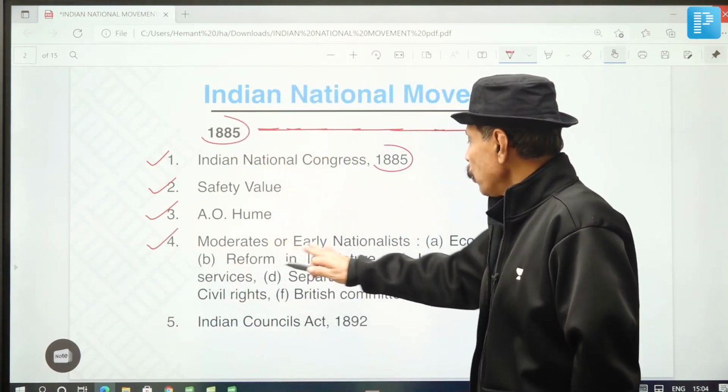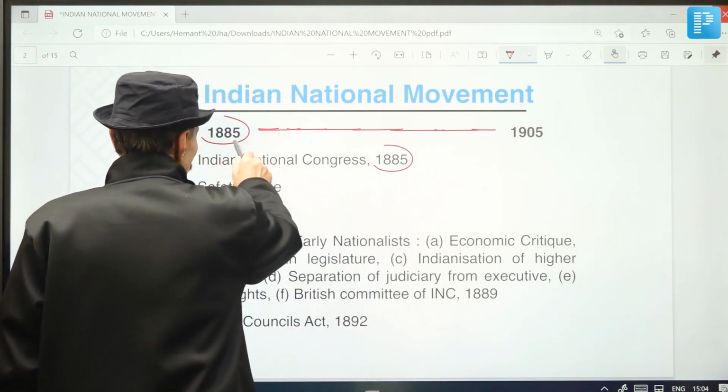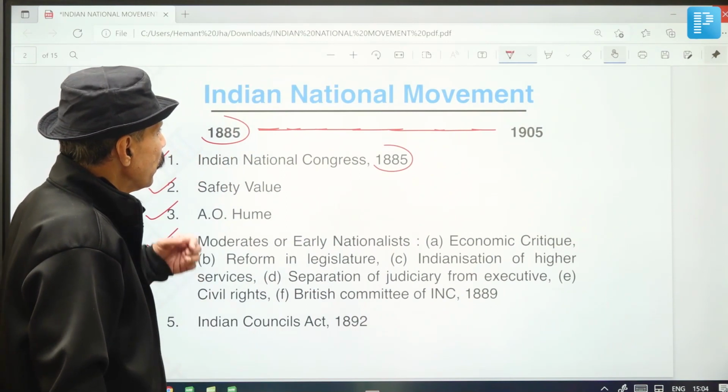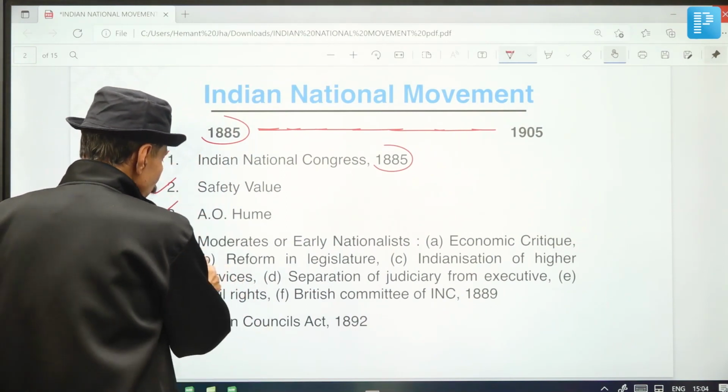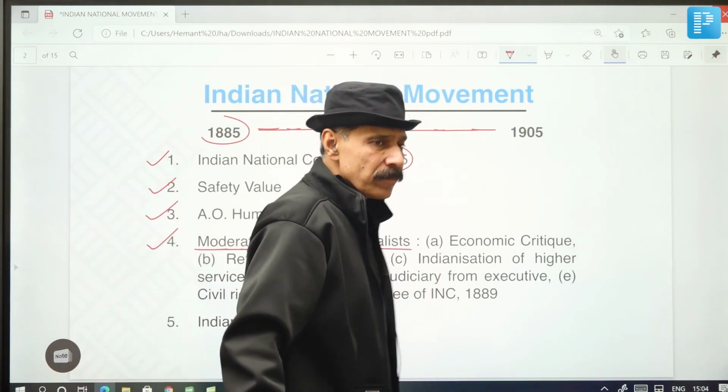And after this, point number 4 is rather more important for you. This is the moderates or early nationalists. The Congress leadership during this time, 1885 to 1905, is known as the moderates or the early nationalists.